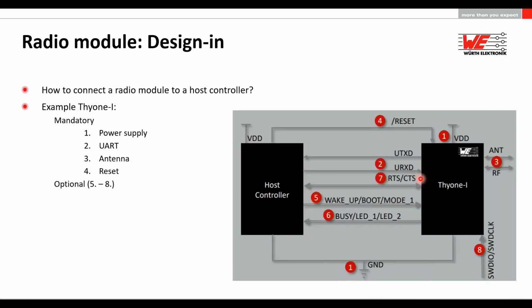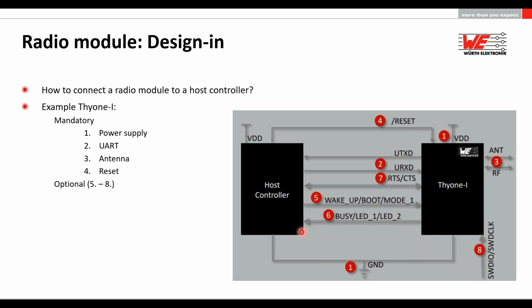Moving on, now you have such a module. How do I design such a module into any industrial application? So you have the typical host microcontroller, which provides the standard UART interface. All our modules support UART as the primary interface. All you need to do is 4 steps.